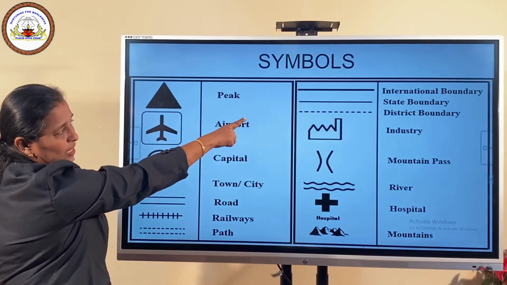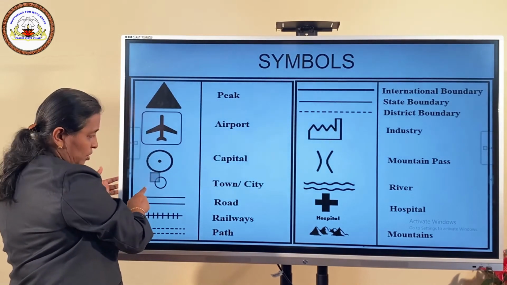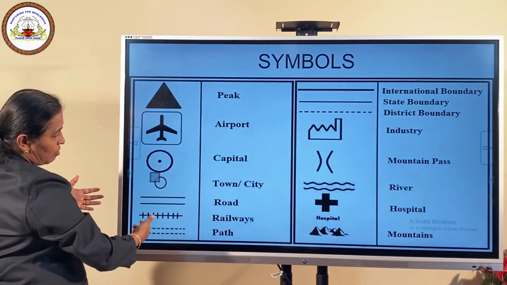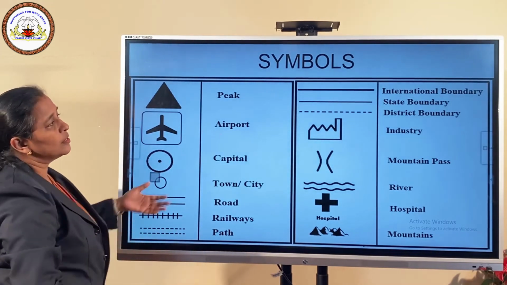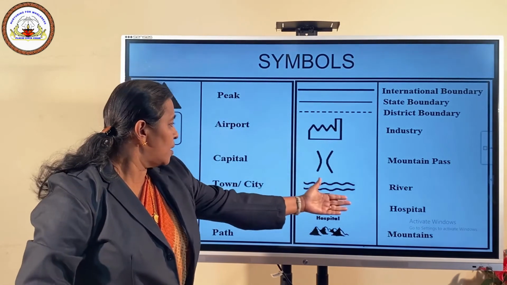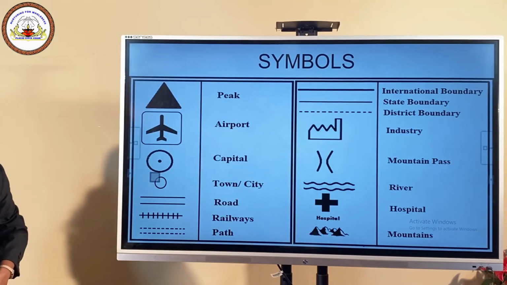See, land boundaries are shown by thick dashes and dots. Then cities are marked by small circles. Peak, airport, capital, road, railways, parks, then industry, mountain pass, rivers, hospital, mountains, etc.